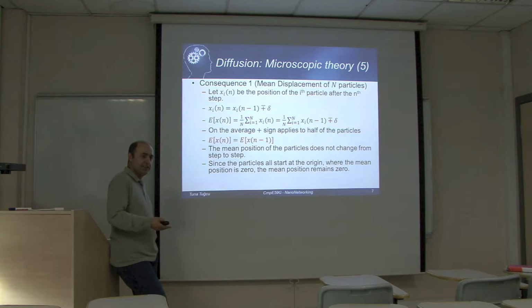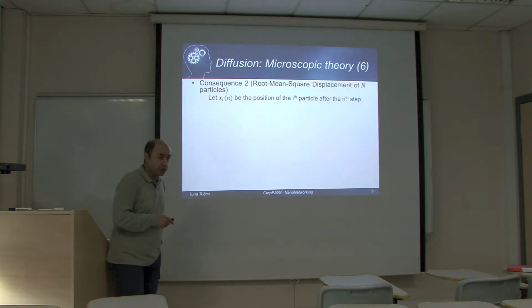After n minus 1 steps, and after n steps, the mean is still at the origin. Actually, let me correct it. The particles are not at the origin; they're in different places. But the mean is always at the origin. Any questions? Okay. So the expected value of x of n for all n would be 0.